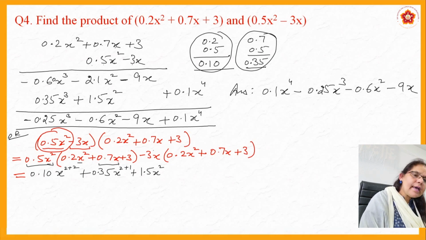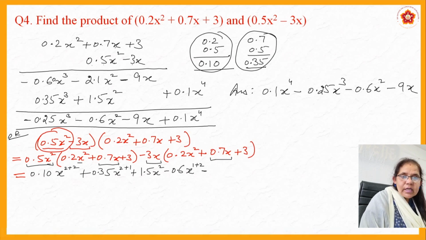Now similarly, every term of the bracket will be multiplied by minus 3x. Now what is minus 3 into 0.2? It is minus 0.6, and the x powers will be added up: 1 plus 2. Now multiply minus 3x by the second term.